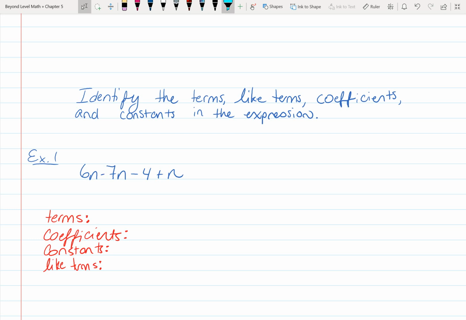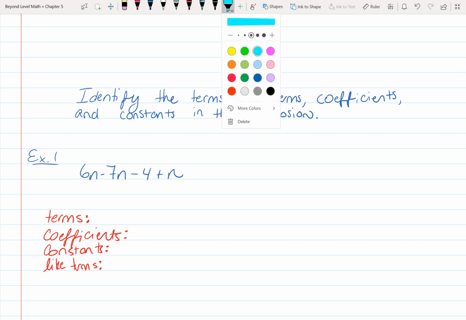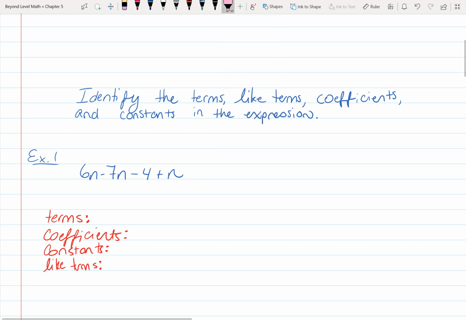Let's look at the terms. So I'm going to highlight my terms in a light pink. So my first term is 6n. My second term, the most common mistake is for us to say 7n, but don't forget, include the negative with it.